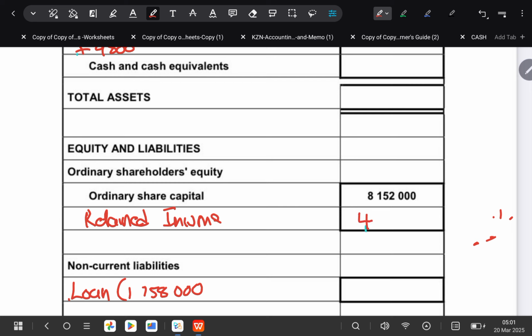So that 485,600 will come here. Then you get the total because they also want you to get it.